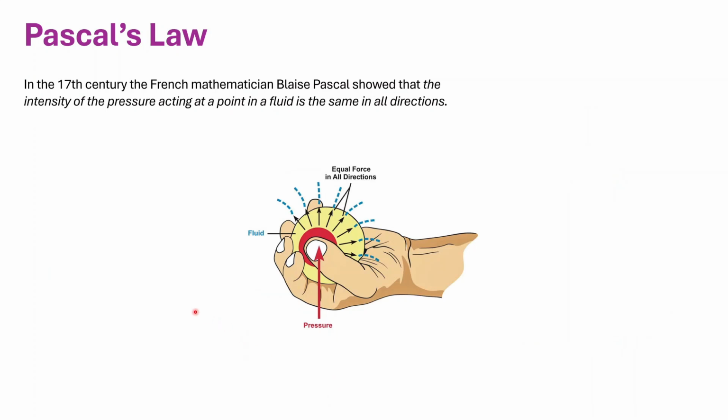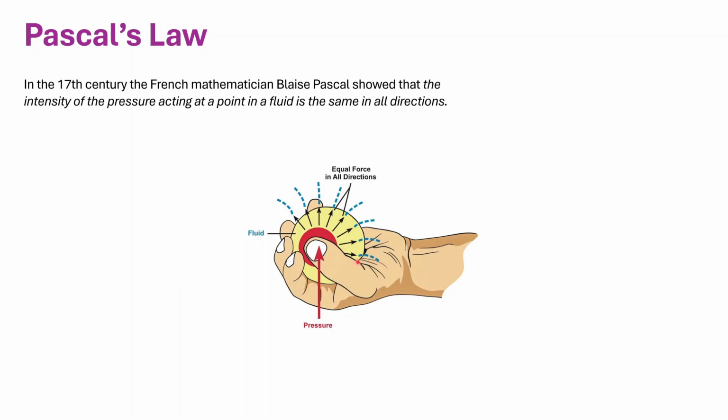Next, let's see what's Pascal's law. So in the 17th century, the French mathematician Blaise Pascal showed that the intensity of the pressure acting at a point in a fluid is the same in all directions.